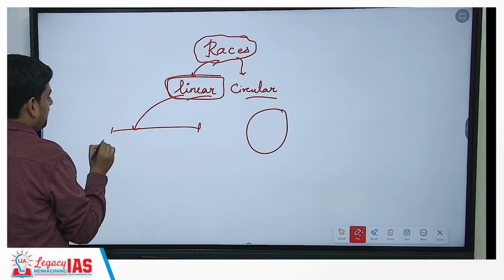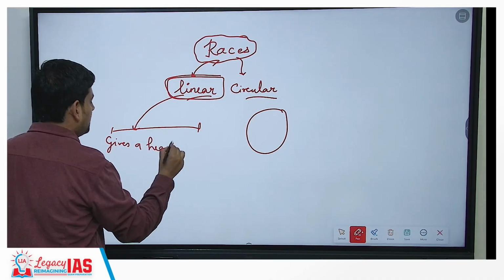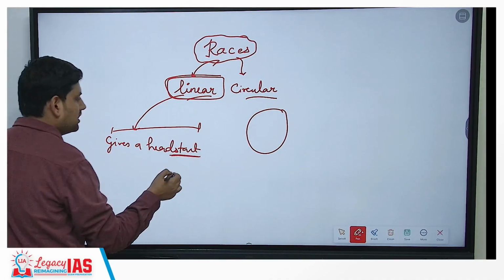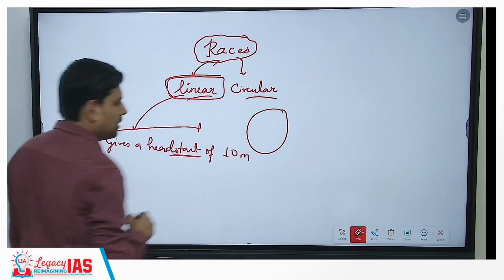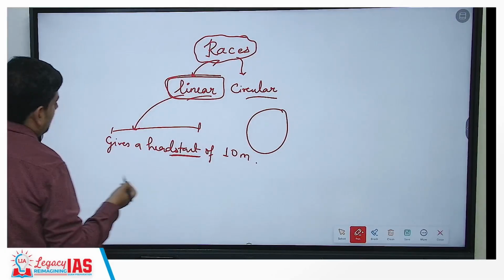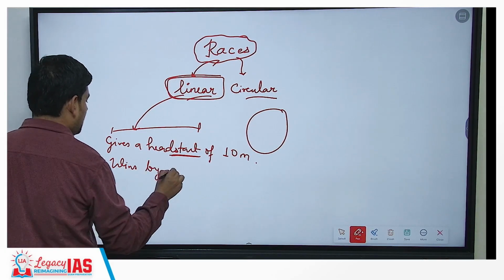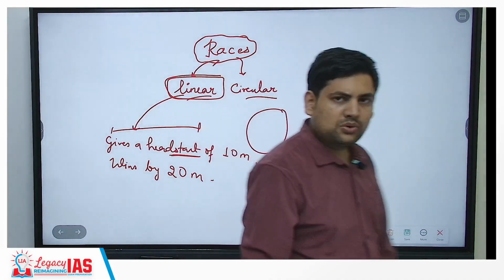One is "gives a head start", or sometimes it will be written only "start", like gives a start of, let's say, 10 meters. And the other is "wins by" 20 meters. Now we'll understand both the terms.